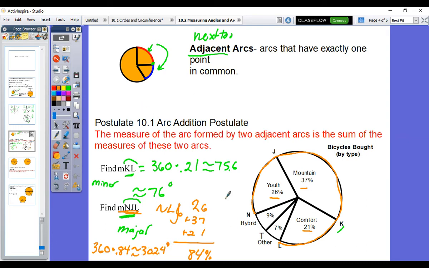I tell you this because there's a question in your homework that deals with percentages. But if they give us actual numbers, say they told you this is 93.6 degrees from the very beginning, then this is 93.6. But here they gave us percentages, so we have to add the percentages and take that of 360.